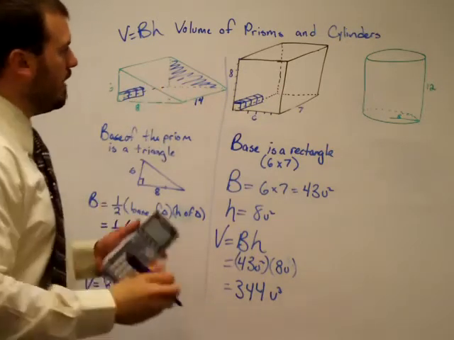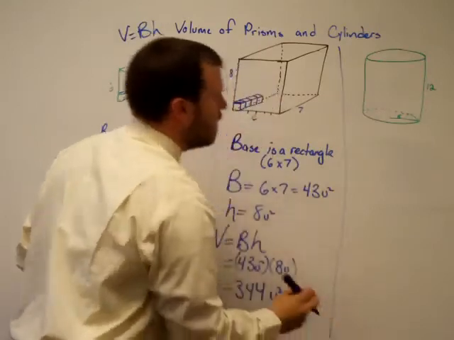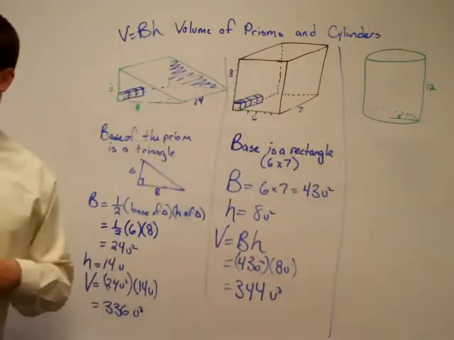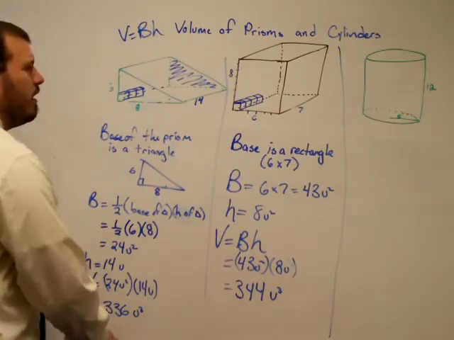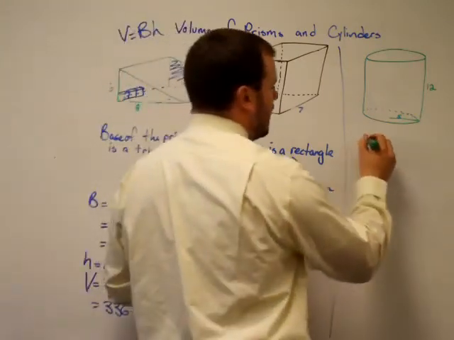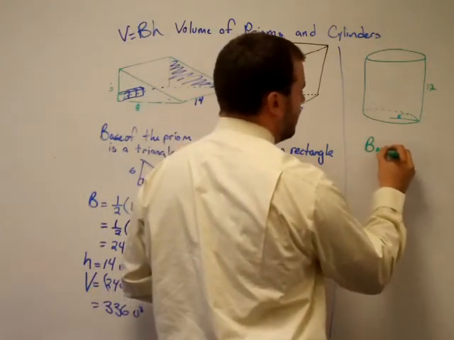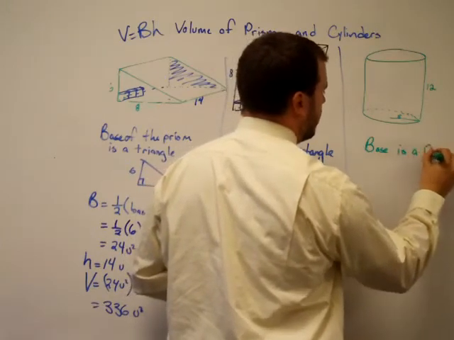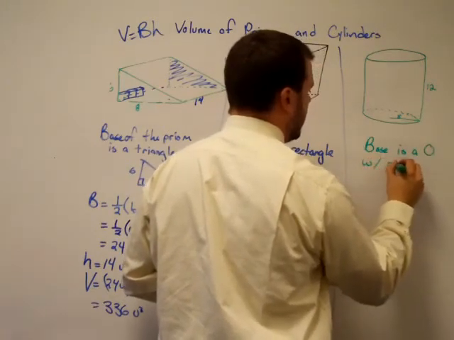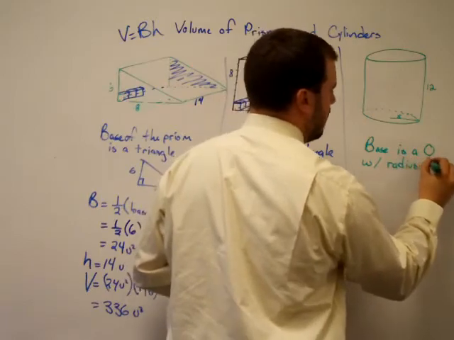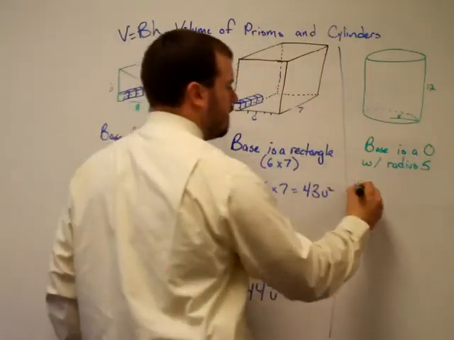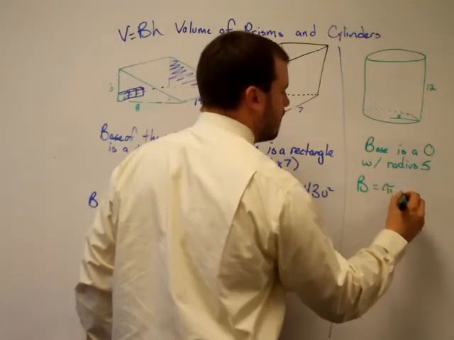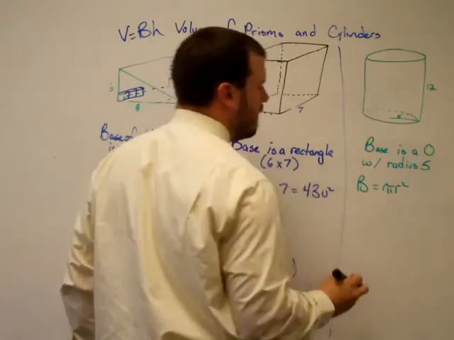Okay? And finally, an example of finding the volume of a cylinder. The cylinder, again, identify the base. The base is a circle with radius 5. So to find the area of my base, I use the circle formula, pi r squared.